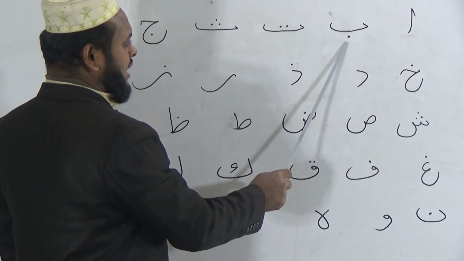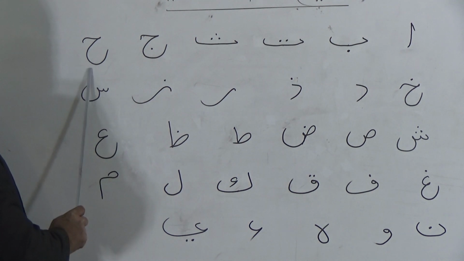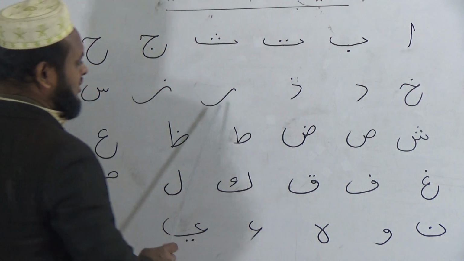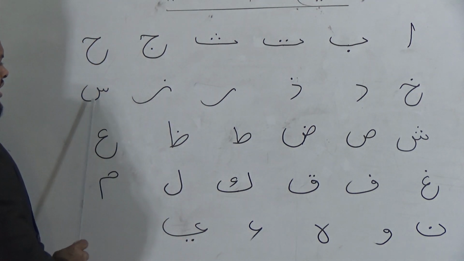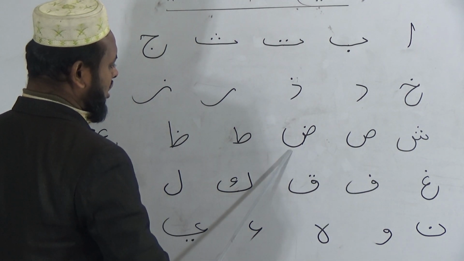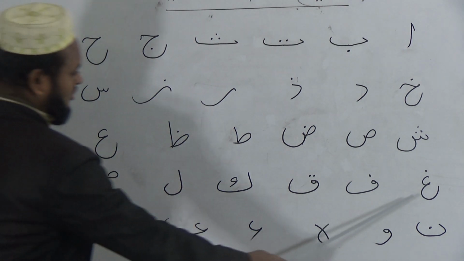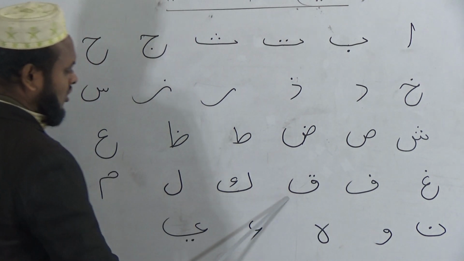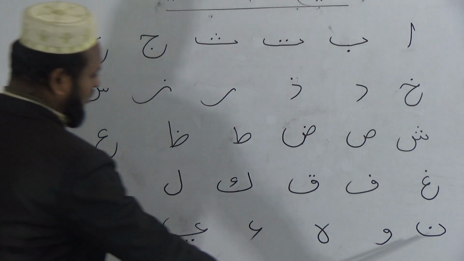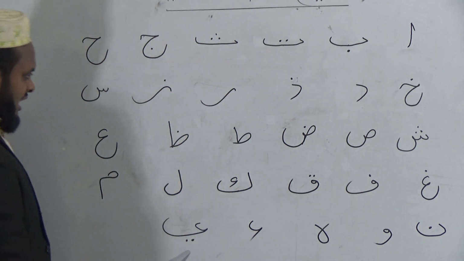Alif, Ba, Ta, Tha, Jim, Ha, Kha, Dal, Zal, Ra, Za, Sin, Shin, Swad, Dod, Toa, Dha, Ain, Goin, Fa, Qaf, Kaf, Lam, Mim, Noon, Waw, Ha, Hamza, Ya.